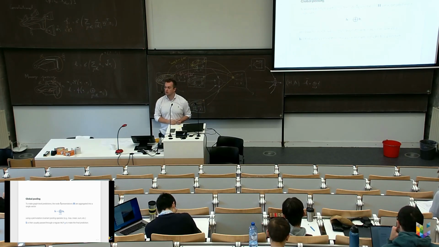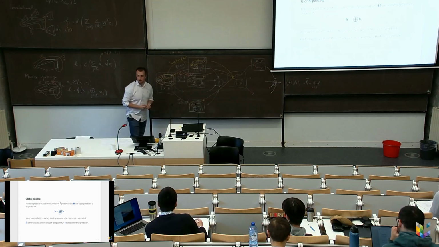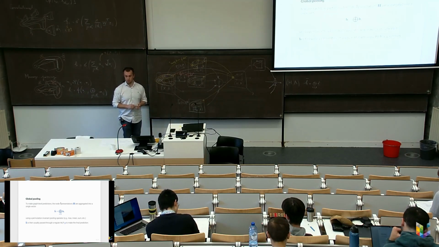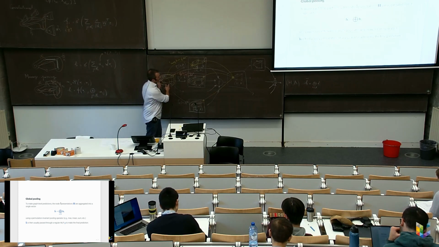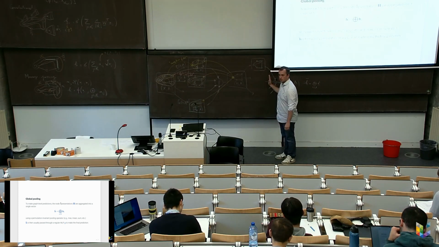Yes? Is it true that only the first stack of layers should be invariant to the permutation? No. These layers should not be invariant. They should be equivariant to permutations. Up to there, everything remains at the node level, so it's as if we are doing node level predictions.